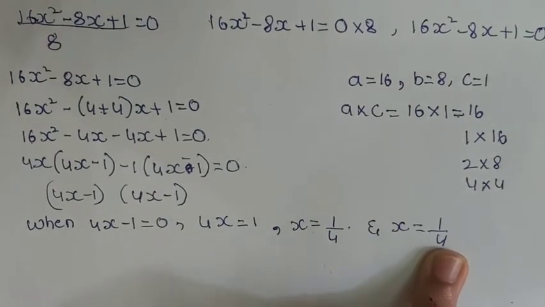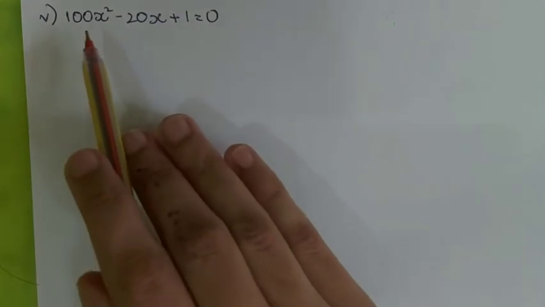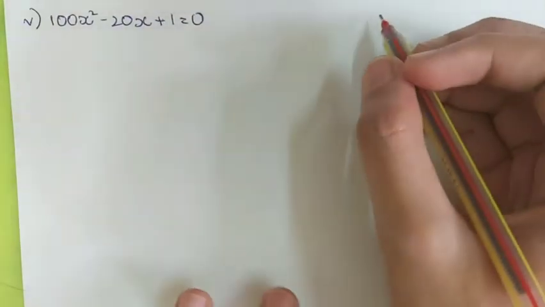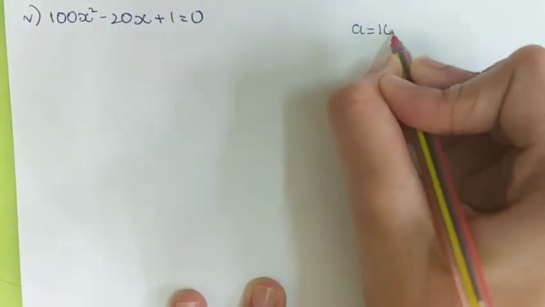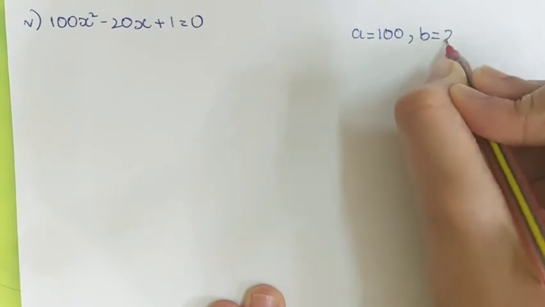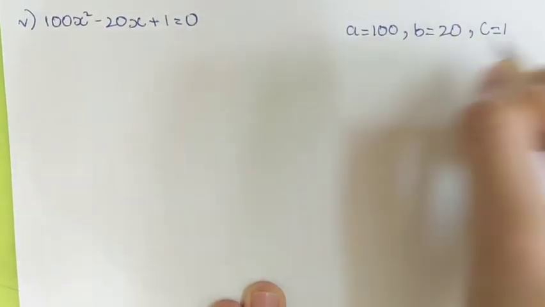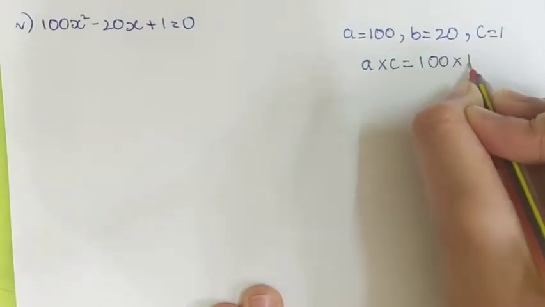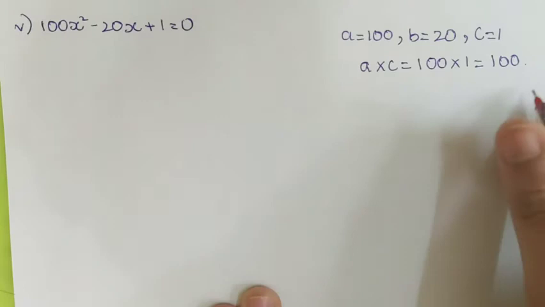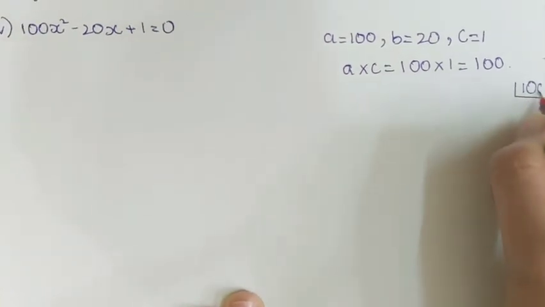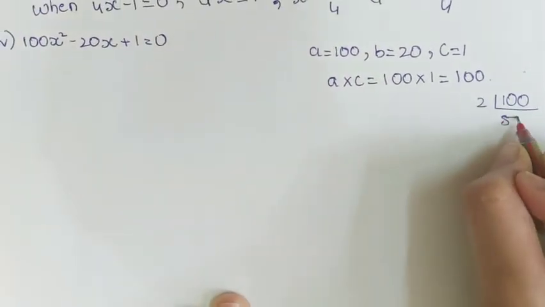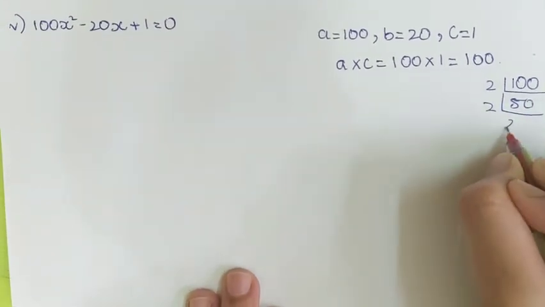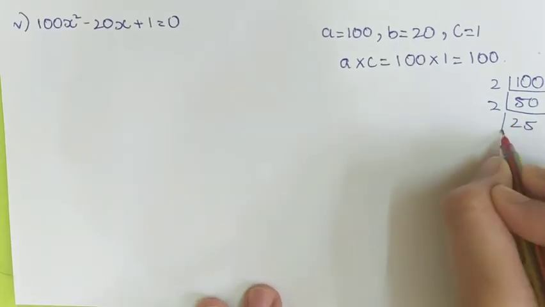The fifth part, that is 100x square minus 20x plus 1 is equal to 0. So here a is equal to 100, b is equal to minus 20 and c is equal to 1. So a into c is 100 into 1, that is 100. Now we are taking the factors of 100. 100 is 2 into 50, 50 is 2 into 25, and 25 is 5 into 5.